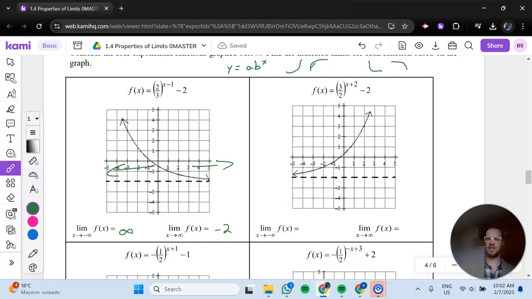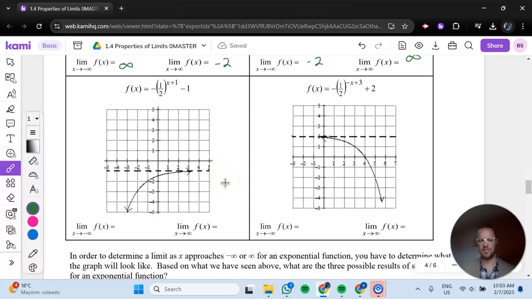Now, likewise, if I look at this one here, this time I've got a growth, because you can see here b is greater than 1, and a is also positive, meaning it's growing like this, okay? As we go to the extreme left, now we're approaching that asymptote, that negative 2. And as I go to the extreme right, I'm going up into infinity. All right, we got two more examples here.